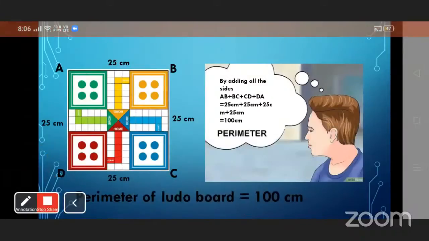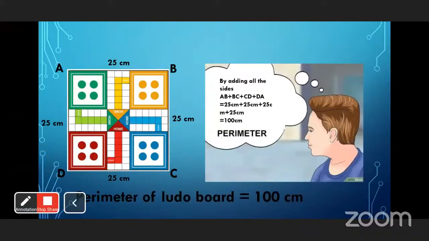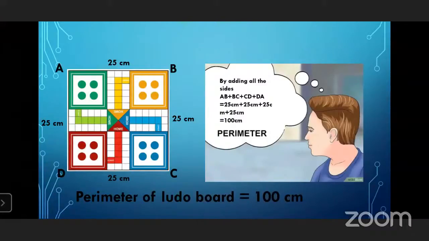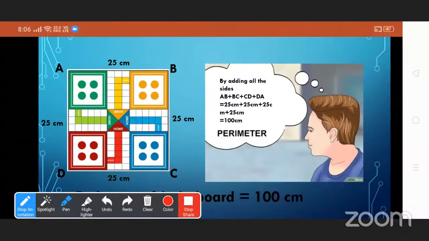Now see here. If one side of the Ludo board is AB, the second one is BC, the third one is CD, and the last is DA. So see here how we will get the length of the boundary of the board, by adding all the sides.